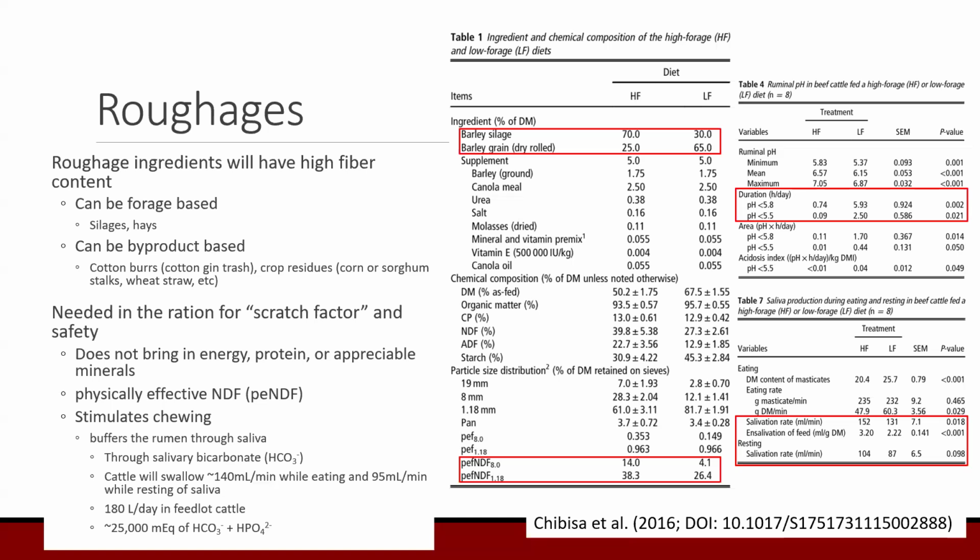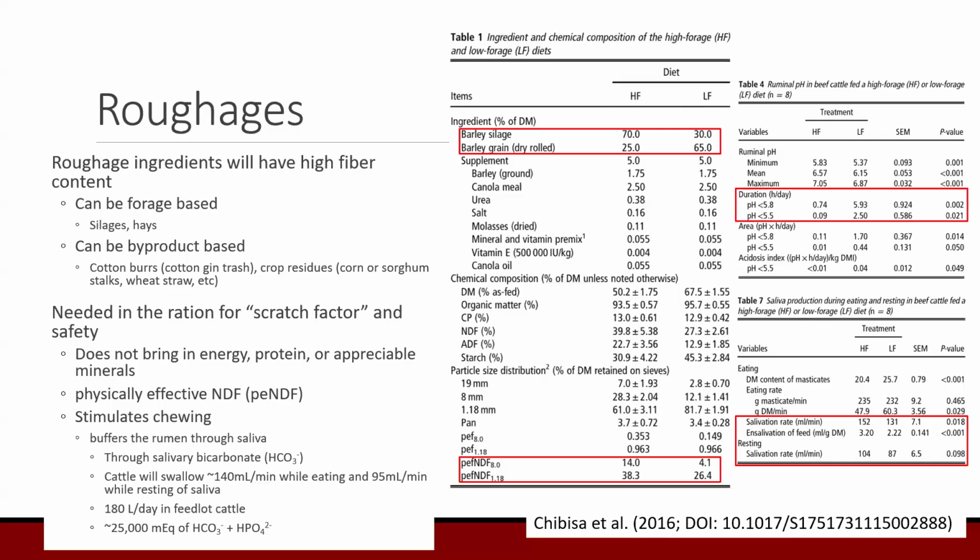Okay. Salivation rate. So high forage diet increased salivation rate in milliliters per minute. I don't exactly know what insalivation of feed is, but I guess it's milliliters of saliva produced per gram of dry matter intake consumed. Okay. And then this is resting salivation rate, milliliters per minute.